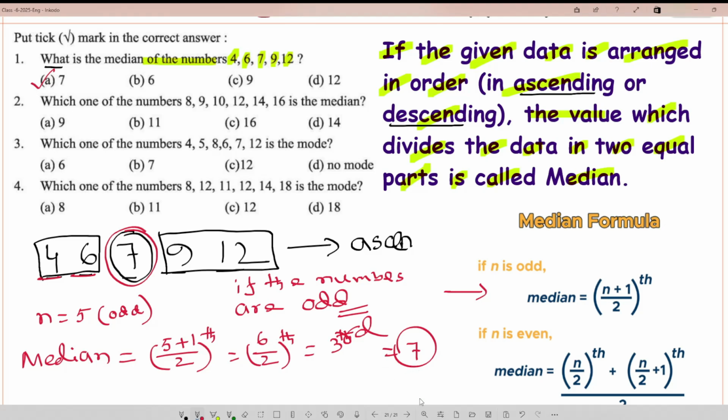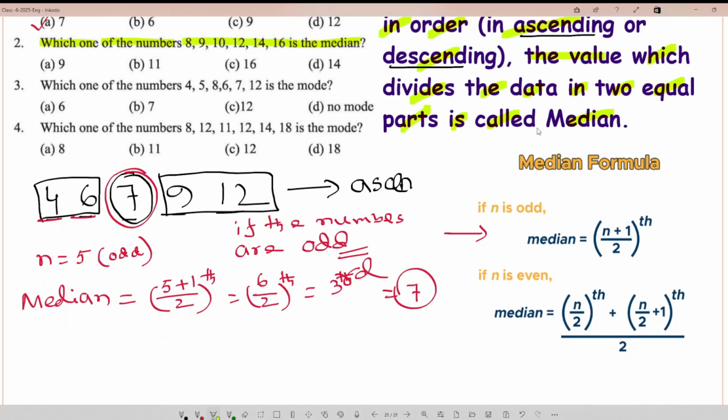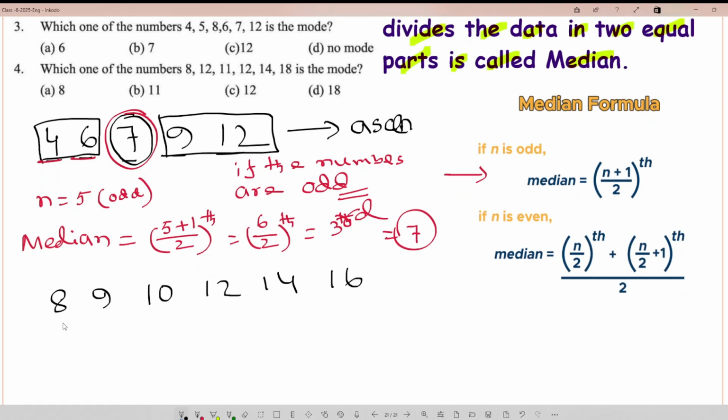Now the next question. Which one of the numbers 8, 9, 10, 12, 14, 16 is the median? So we write the numbers: 8, then 9, then 10, then 12, then 14, and then 16. First we count: 1, 2, 3, 4, 5, 6. These numbers are also in ascending order.